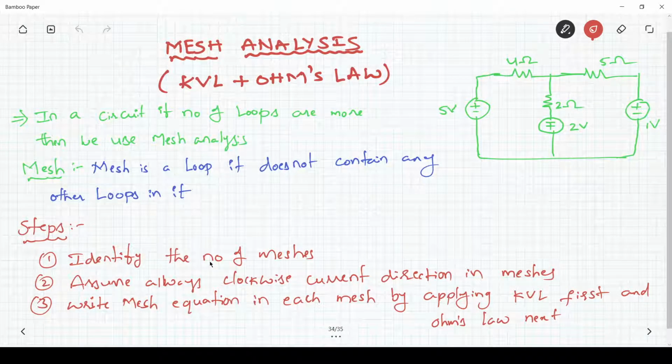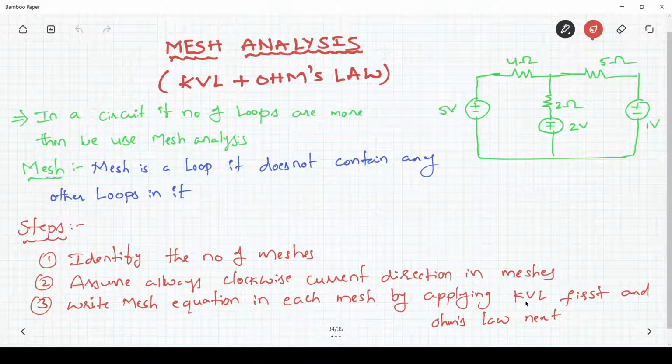First step is identify the number of meshes. For example, this circuit has two meshes, mesh 1 and mesh 2. Next step is always assume clockwise current direction in each mesh. Third step, after assuming clockwise current direction, you have to apply KVL.